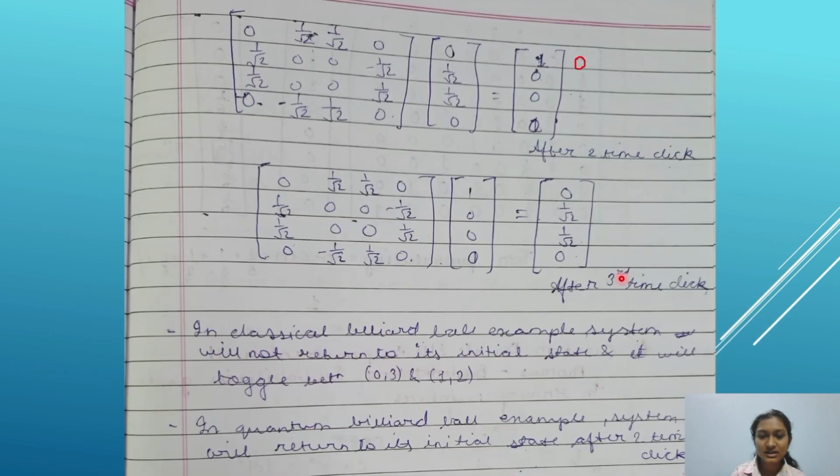So basically in the classical billiard ball the system will never return to its initial state, and it will toggle between these states 0, 3 and 1, 2. In the quantum billiard ball, the ball will return to its initial state after 2 time click. This is the main difference.